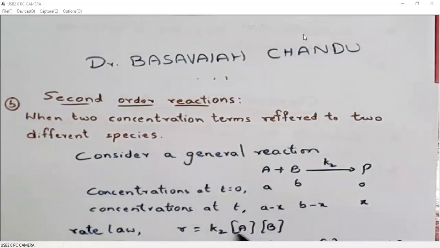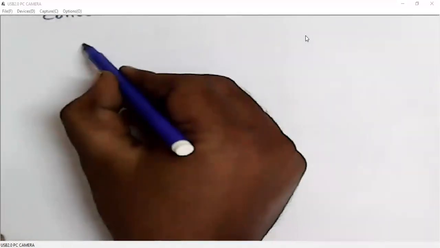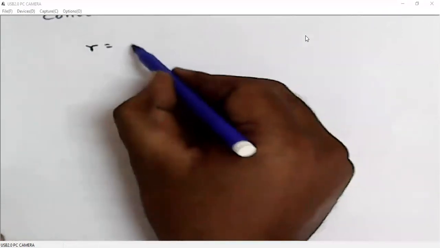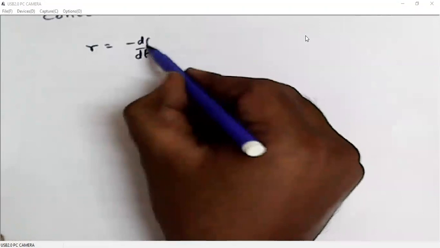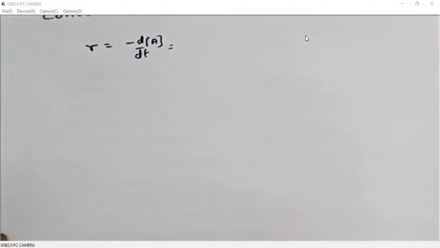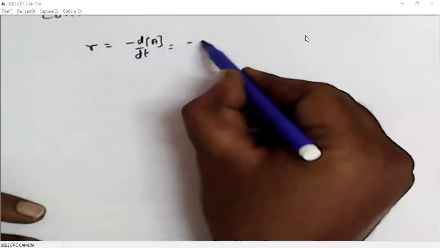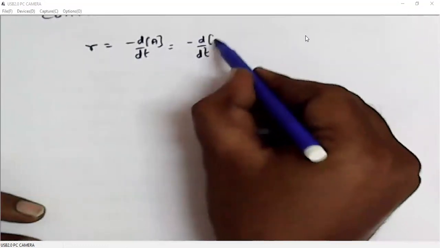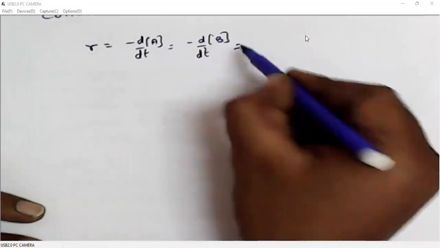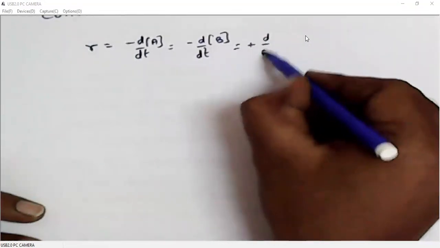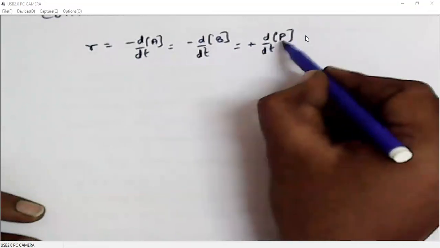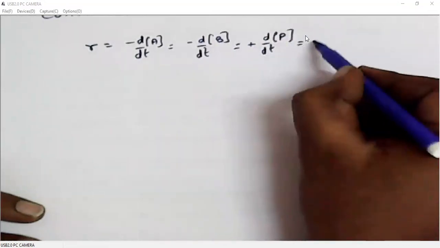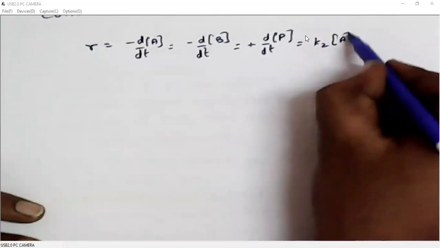So K2 into A into B. When we write the differential form of rate, R is equal to minus d by dt of A, rate expression with respect to A, or minus d by dt of B, rate expression with respect to B, or d by dt of P, since it is a product we will take P, is equal to some rate constant K2 into A into B.